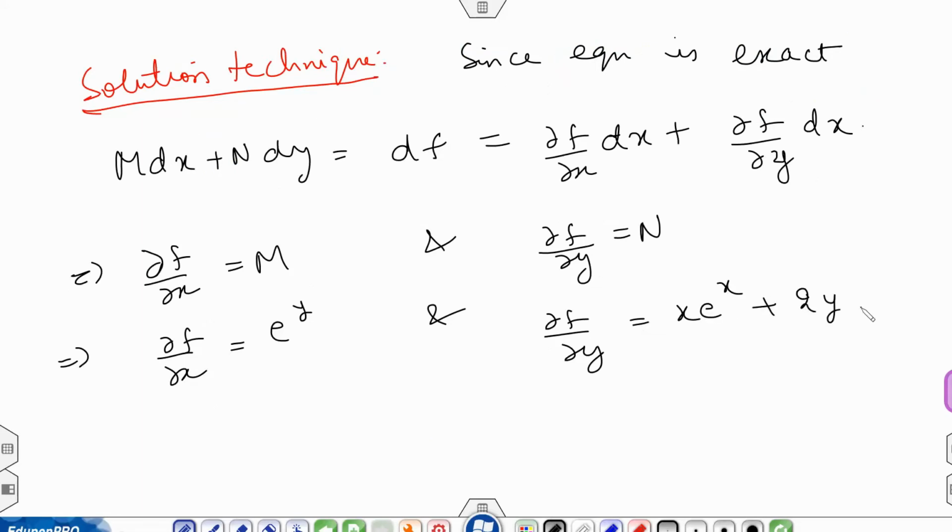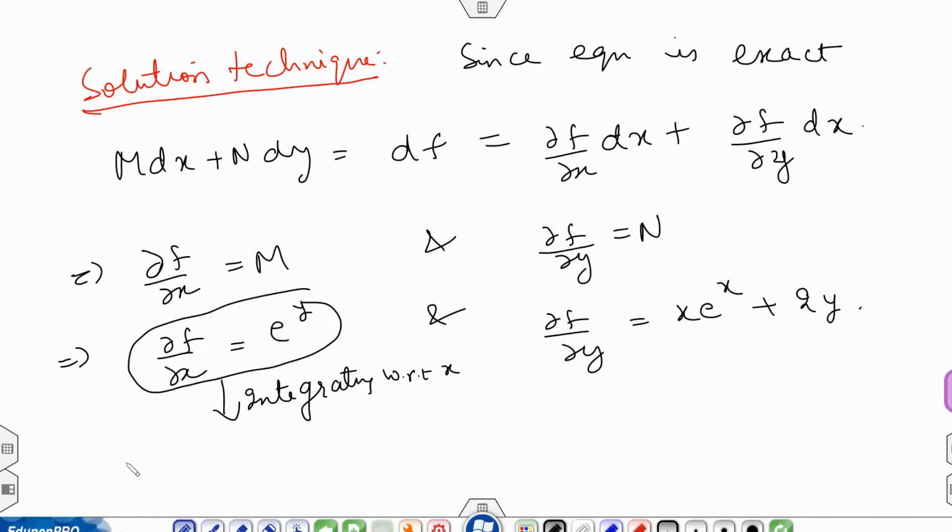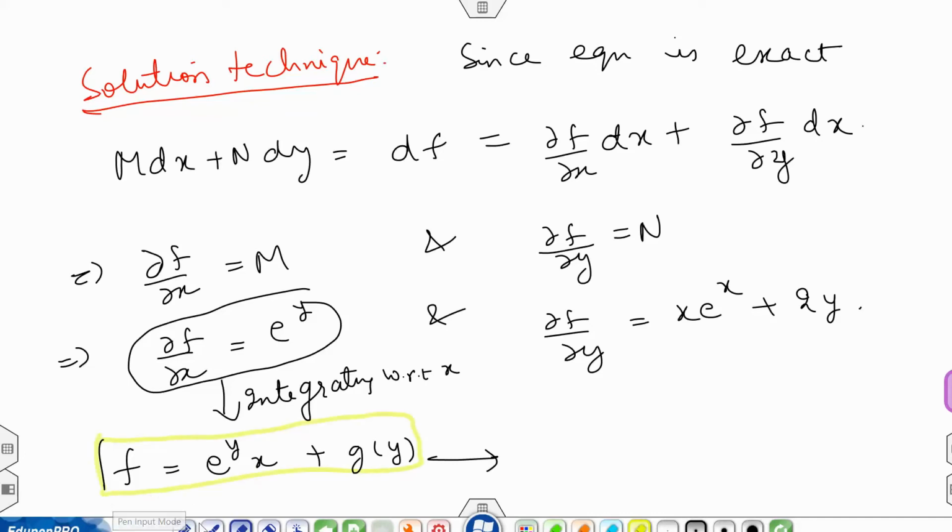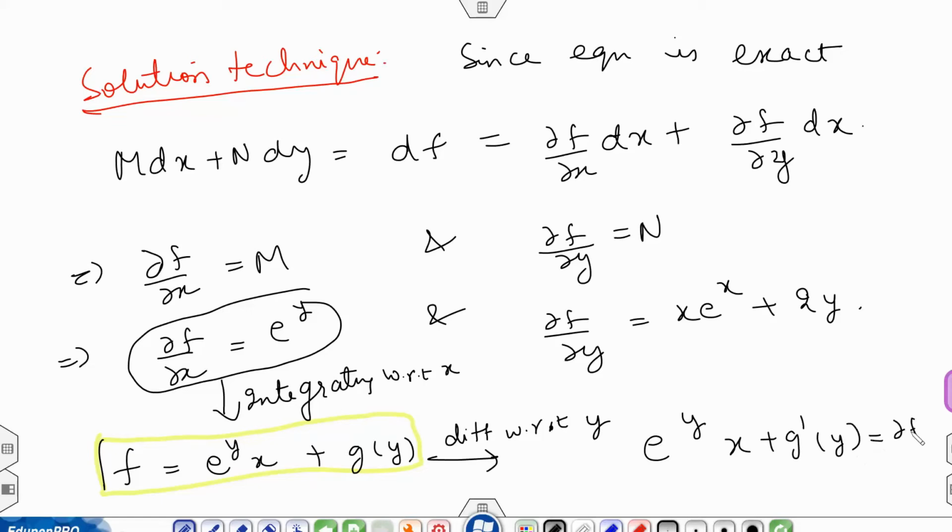Okay, so now you have to integrate this with respect to x. We will get f is equal to x e to the power y, obviously y will be treated as constant, plus a function g of y. Now if you differentiate this equation with respect to y, you will get e to the power y into x plus g dash y is equal to del f by del y.